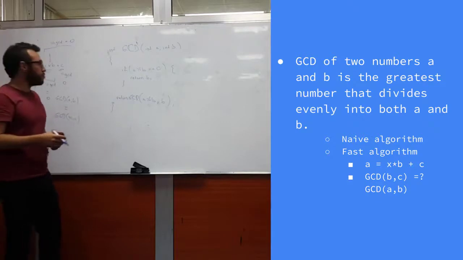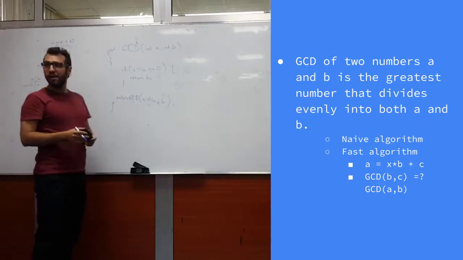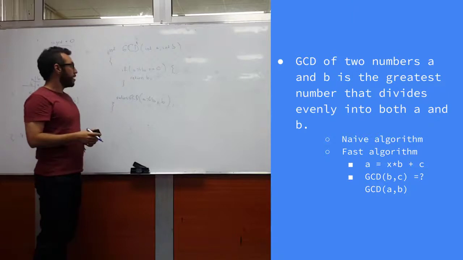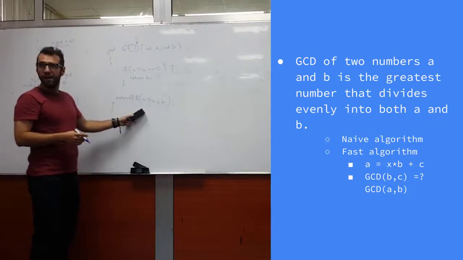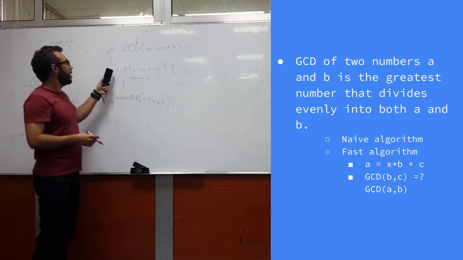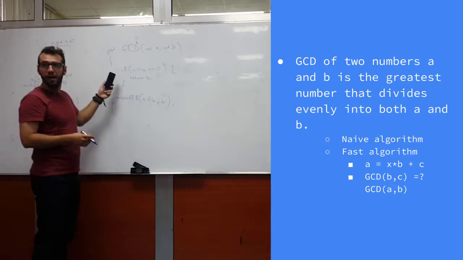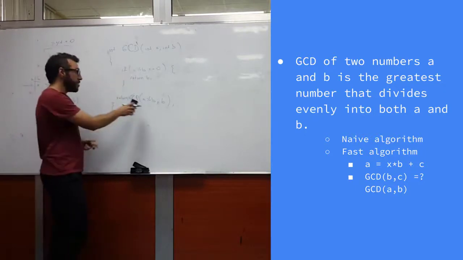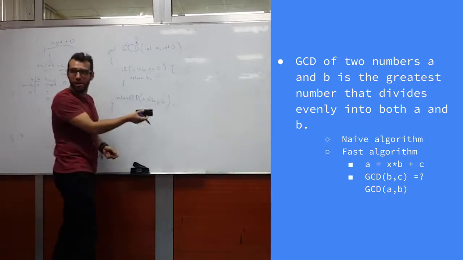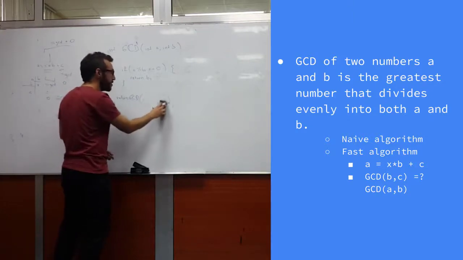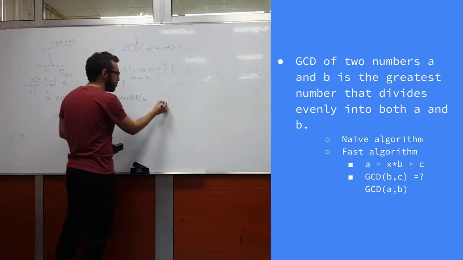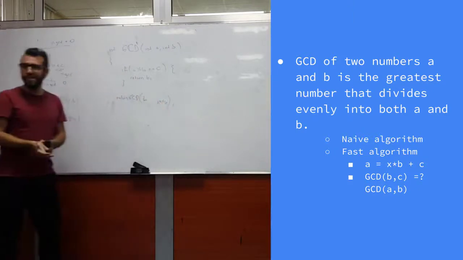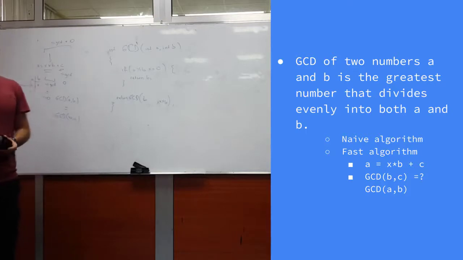Would it not make a difference in the base case if A and B have shifted? Yeah. So that's why, or alternatively, we can change the parameters here, right? We can basically say B is going to go here, and then A mod B is going to go here, right? Okay. So any questions about this one?